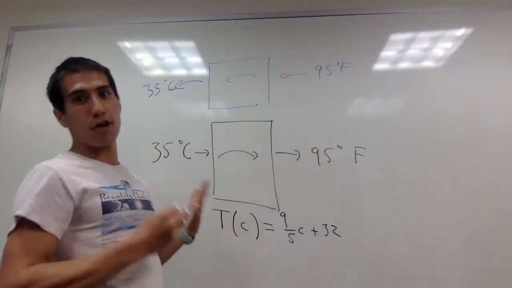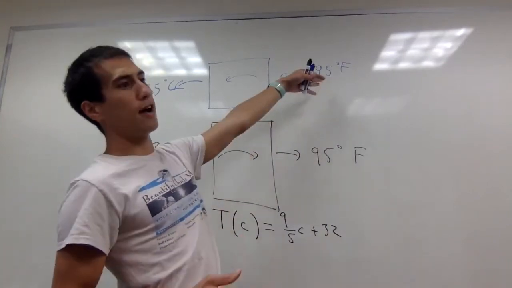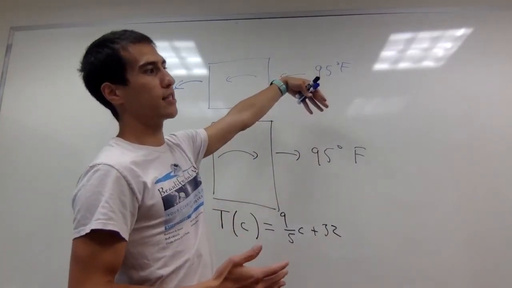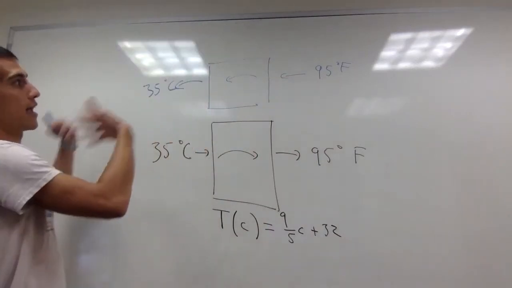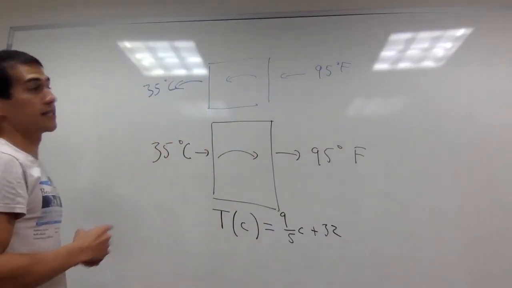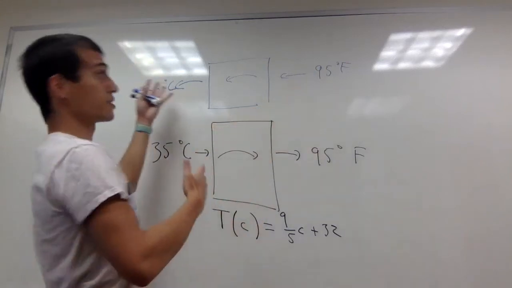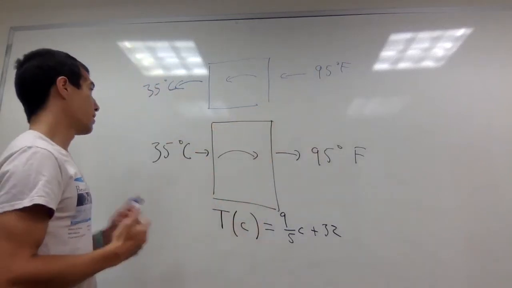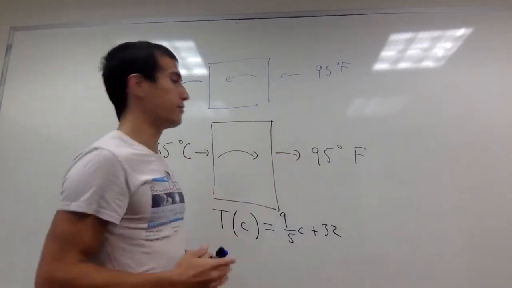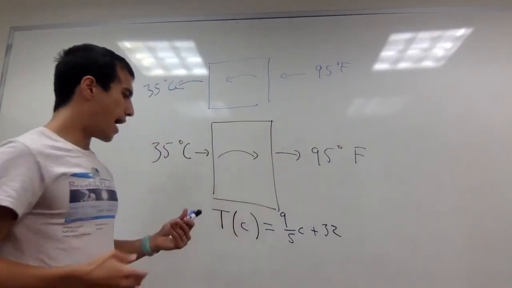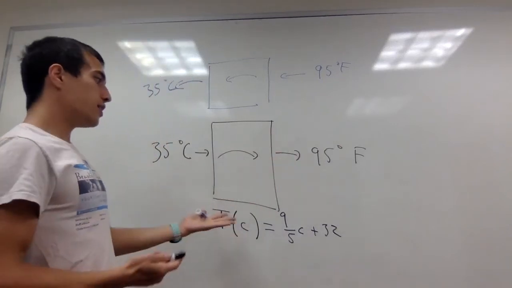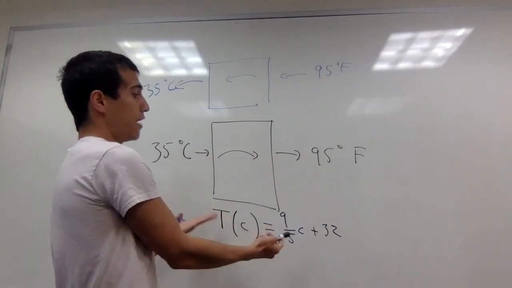And so I can reverse this process. When I say, what is 95 degrees Fahrenheit, there is a unique Celsius that I can map it to. And it's not ambiguous. 95 degrees Fahrenheit is 35 degrees Celsius, for the same reason that 35 degrees Celsius is 95 degrees Fahrenheit.